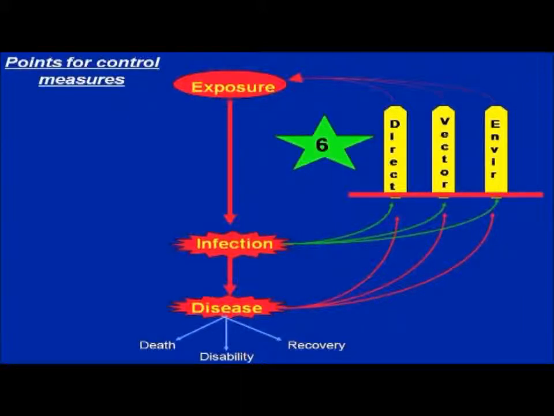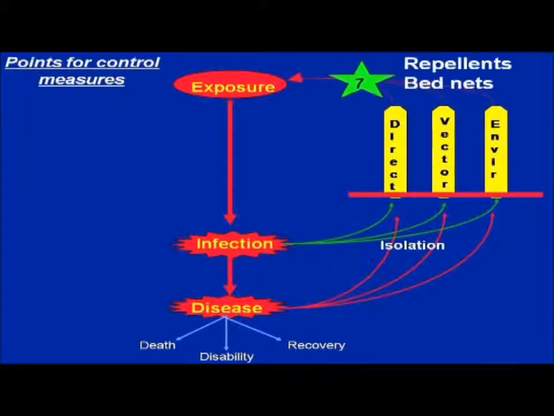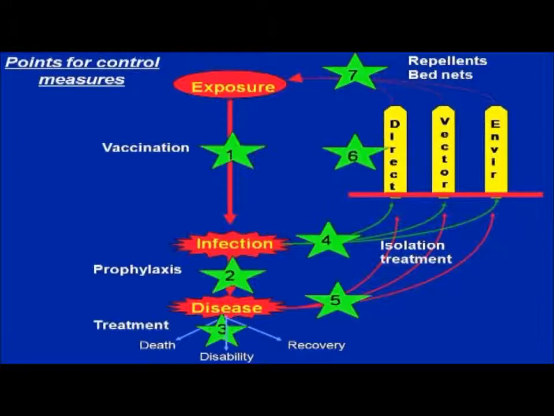Killing the mosquito or not having contact will cut this process. Repellents and bed nets to prevent insect bites will cut this process. So, field epidemiologists think about where we should cut this cycle in order to prevent communicable disease among the human population.